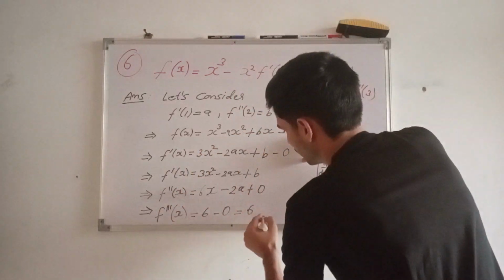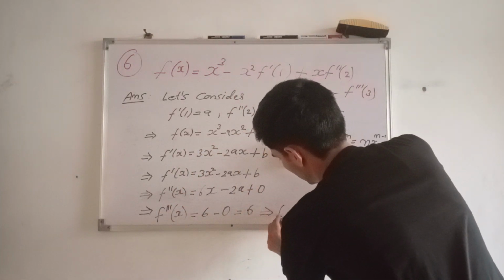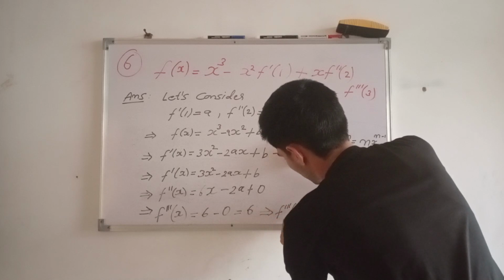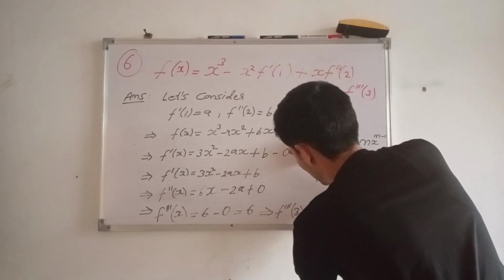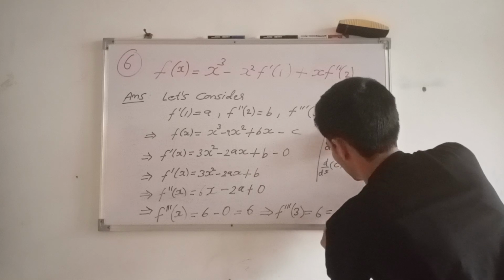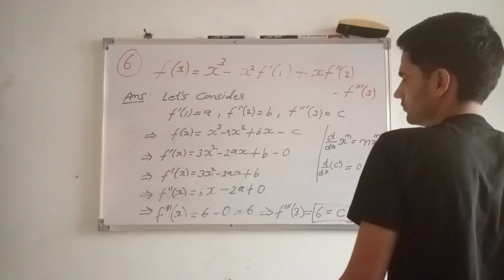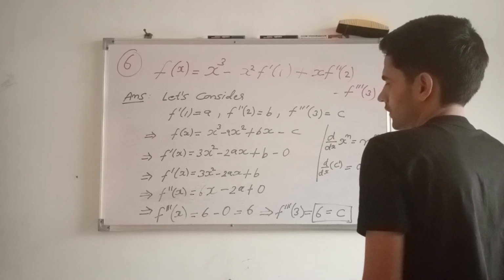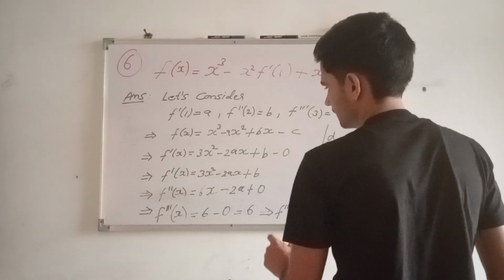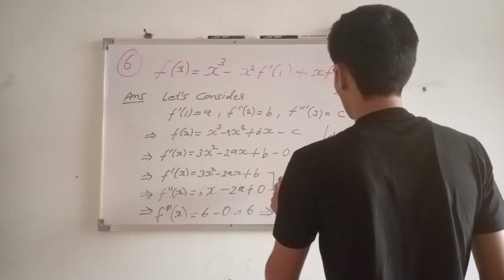Here if we put x is equal to 3, we will get f dash 3 is equal to 6, which is equal to c here. So we have got value of c. Now these two equations are also there.